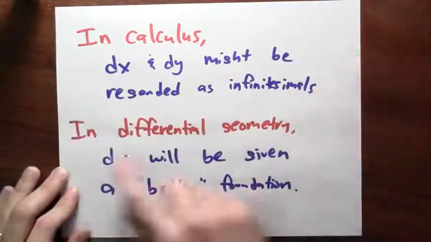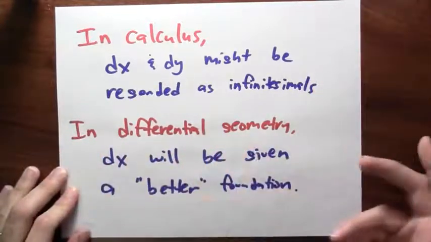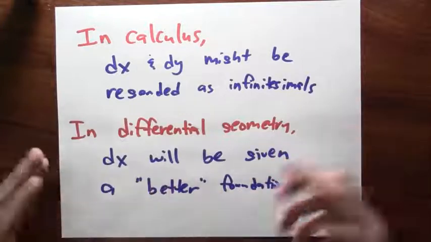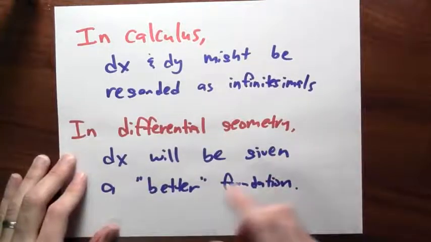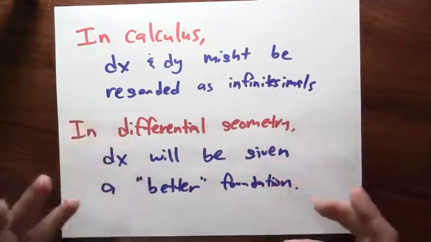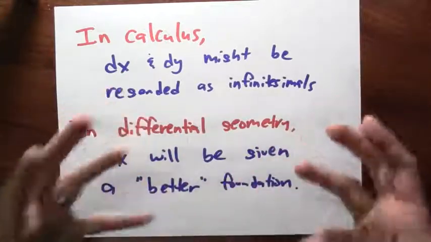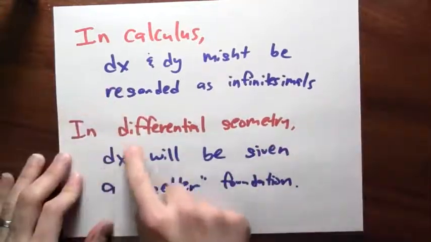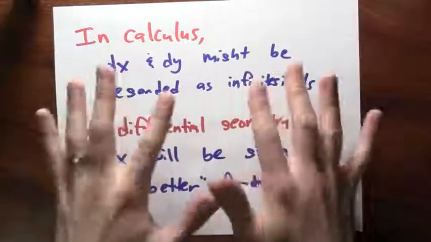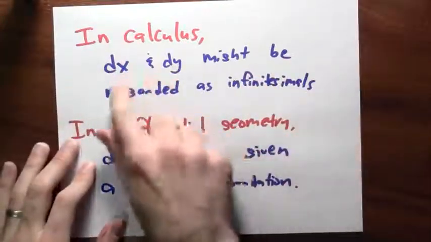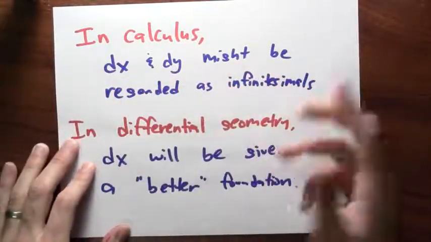Later on in your life, when you take a differential geometry course, dx will be given some better foundation. dx will be revealed to be a differential form or a covector. You'll have some actual interpretation of dx. But for the time being, if you really want to, you can regard these things as infinitesimal quantities. But honestly, I wouldn't worry too much about how to actually think about these things. I'd focus more on how to compute with these objects.